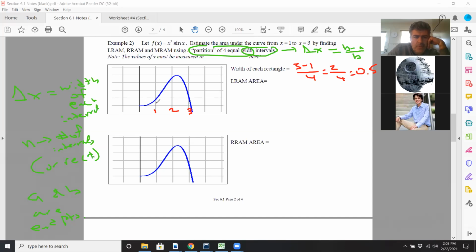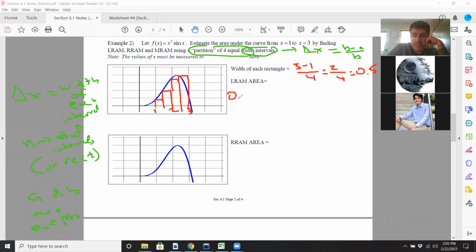So what I'm going to do is, if I do an LRAM, I'm going to make it look like this. How do I compute this?